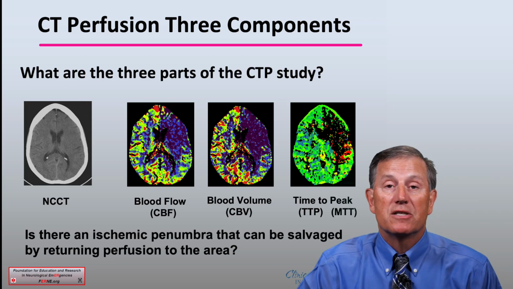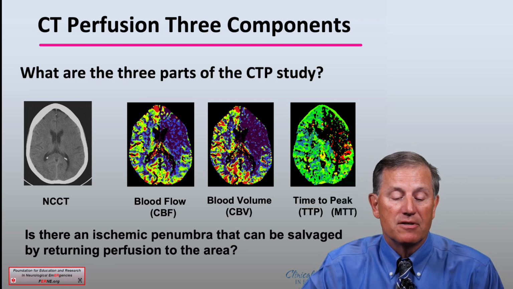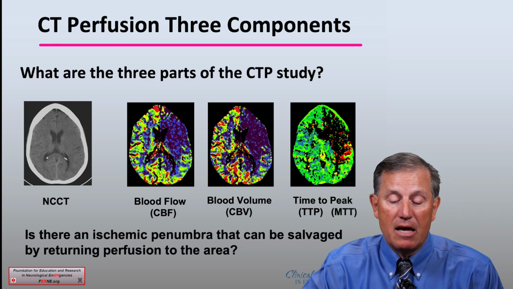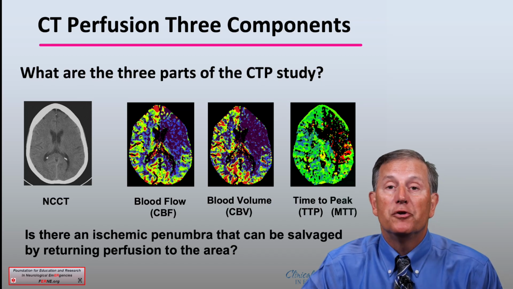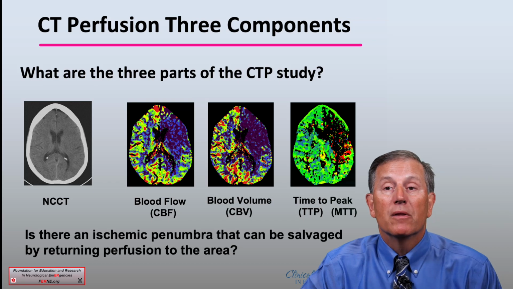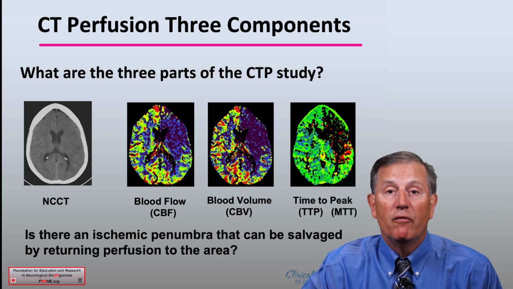What's the purpose of these 3 components? It's to answer the question, is there an ischemic penumbra that can be salvaged by returning perfusion to the area by dissolving or removing the clot in an important vessel?